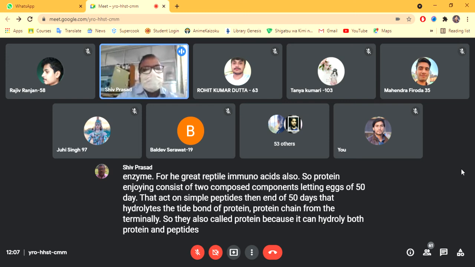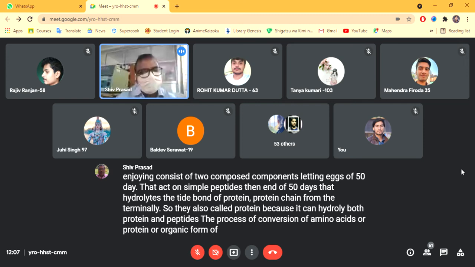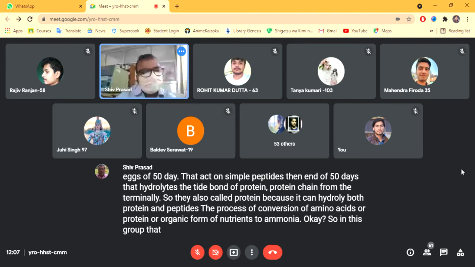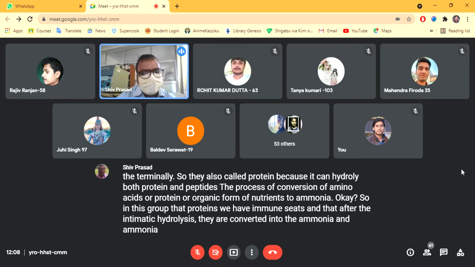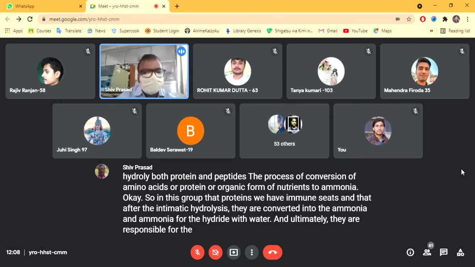So this is the process of conversion of amino acids, proteins or organic forms of nutrients to ammonia. In this group, the proteins which have amino acids, after enzymatic hydrolysis, are converted into ammonia, and ammonia is further hydrolyzed with water, and ultimately they are responsible for the ammonification process.